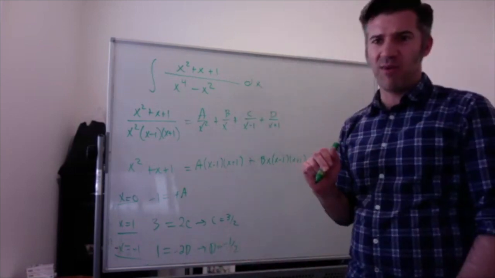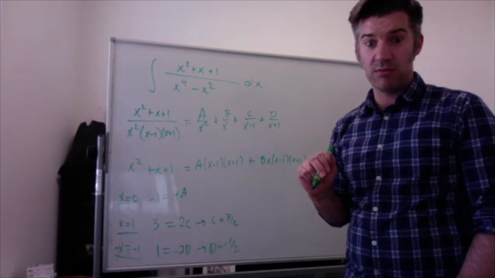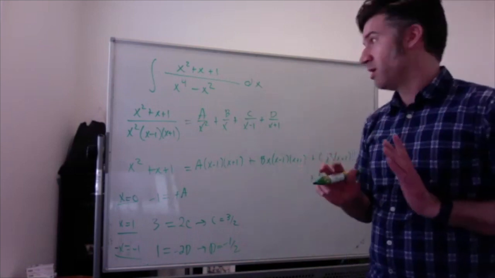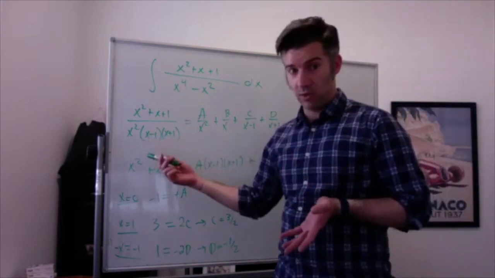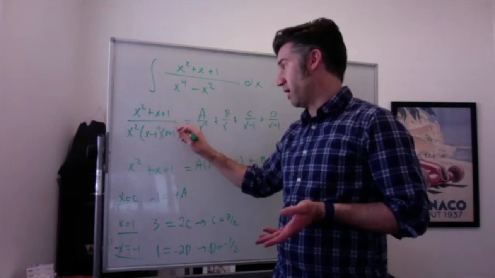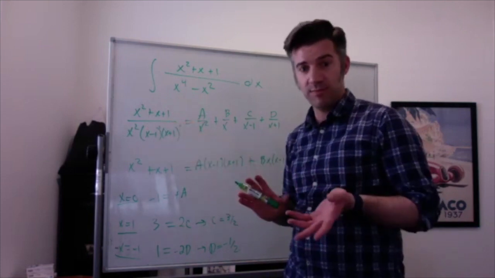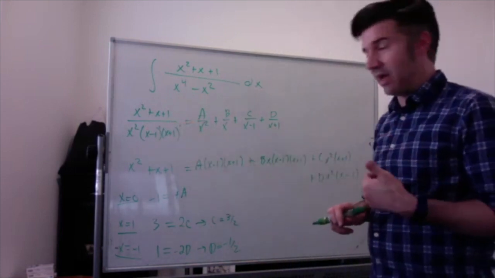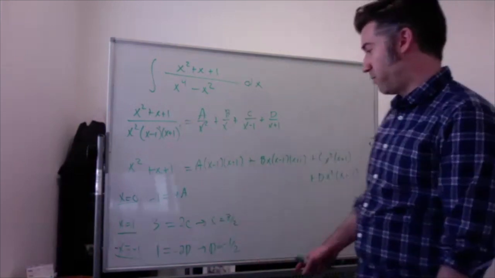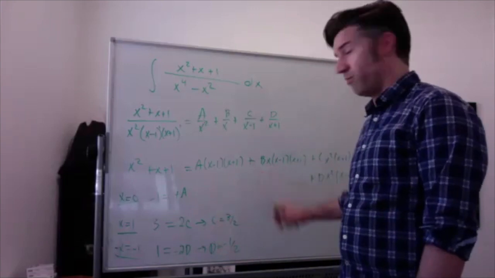And finally, I've run out of convenient values. This is always going to happen when you have a repeated factor. When you have a factor that's to a power higher than 1, you're going to run out of convenient values. And there's a couple options. If you only have one thing left to find, you can just pick any other value of x, plug in what you know for a, c, and d, and solve for b.